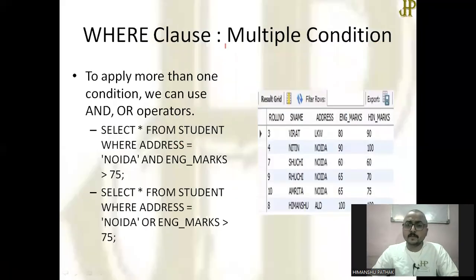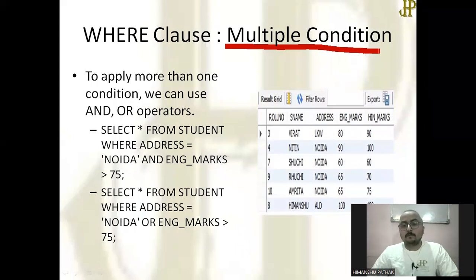Now multiple conditions, how to put? That can be done with the logical operators AND, OR. So here you can see that I need those student information whose address is Noida and the marks in English language are greater than 75.